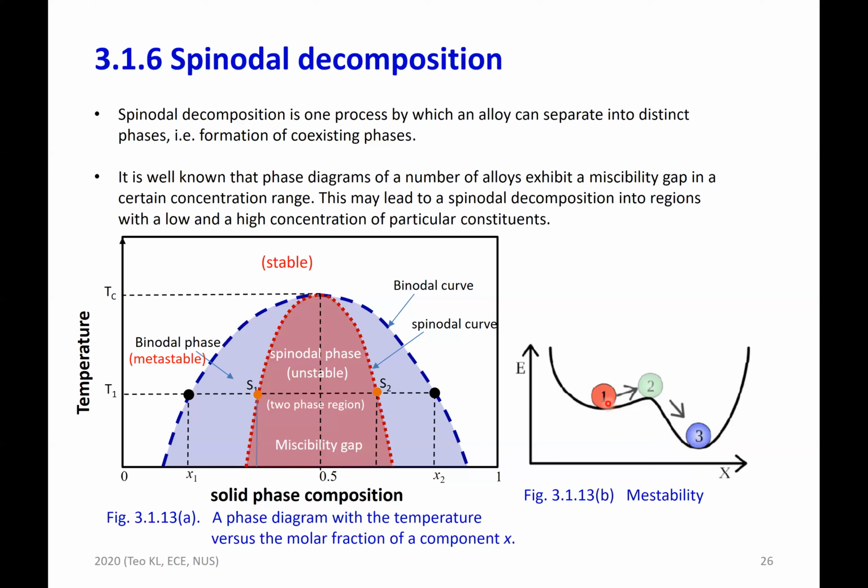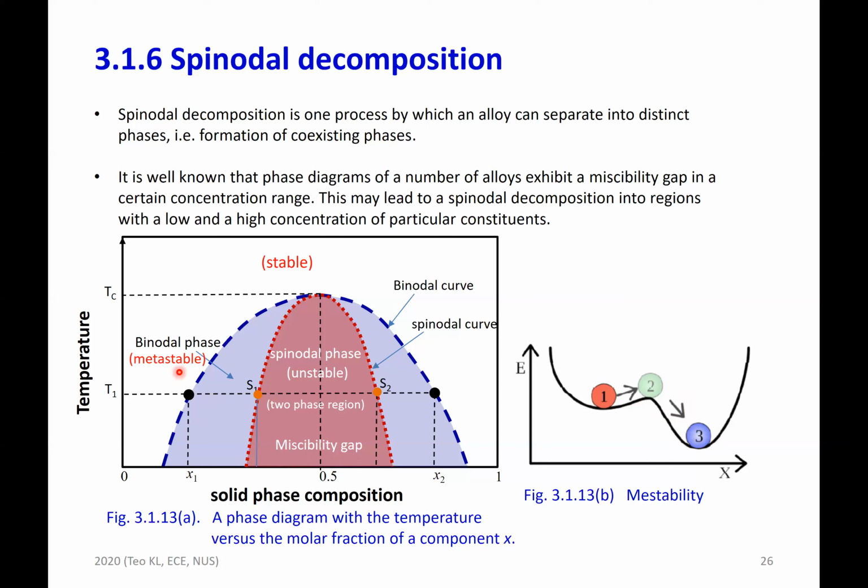So at this point, it's kinetically stable but thermodynamically unstable, because by subjecting the system to some heating, the atoms can overcome the barrier and settle at this global minimum point. So the system is stable to small fluctuation of the temperature, but it's unstable to large fluctuation.